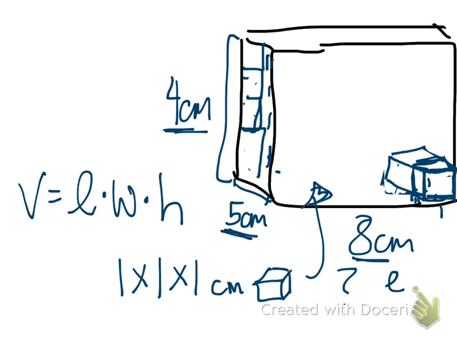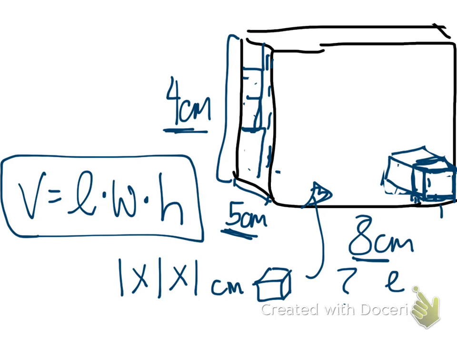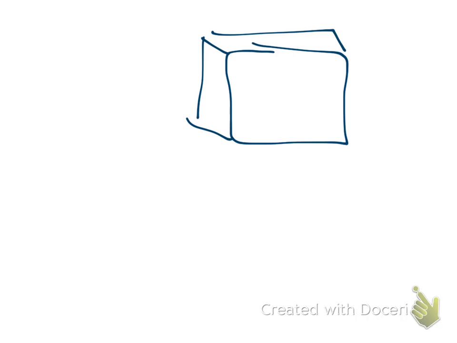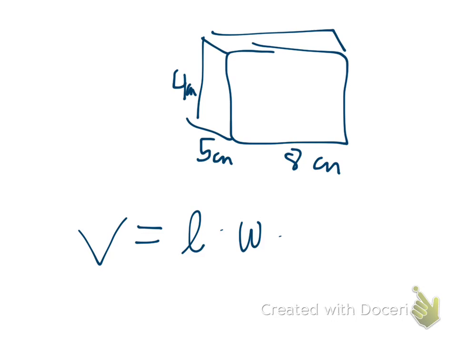So instead of adding up all those little blocks, you can just plug it into the formula. Volume equals the length times the width times the height for a rectangular prism. In this case, if I have 5 centimeters deep, 4 centimeters high, and 8 centimeters long, then I can plug that in: volume equals length times width times height, so the volume equals 5 times 8 times 4.